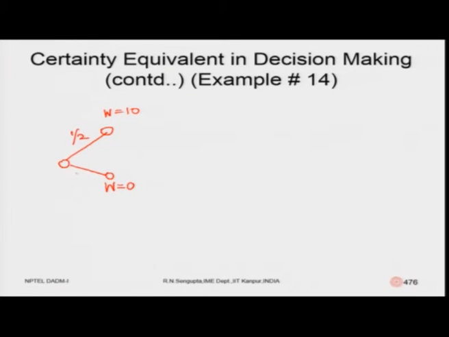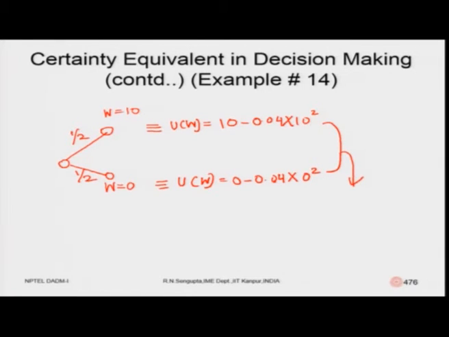This is probability half, this is probability half, and the utility function which you will get from this case is 10 minus 0.04 into 10 square, and in this case the utility is equal to 0 minus 0.04 into 0 square.